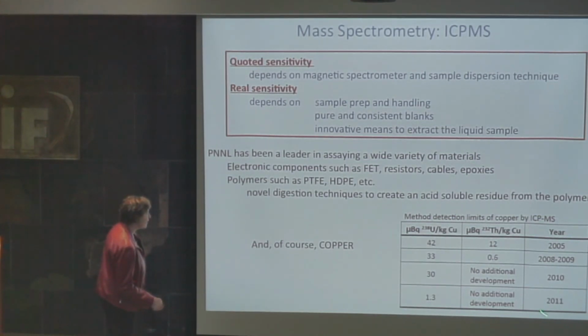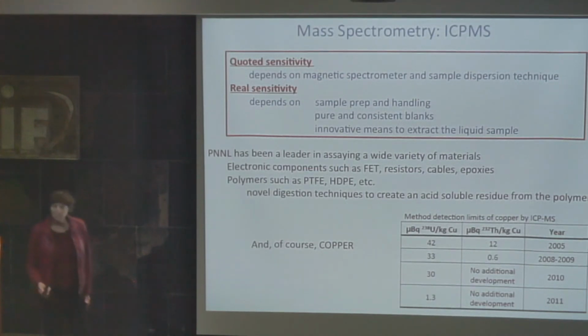As the years have gone by, they have done better and better on thorium, which is their big success story. So that's thorium and copper. They make electroformed copper that's so pure that you can't tell how pure it is unless you have such a good assay technique and your ICP-MS is good enough to tell what's left in it.